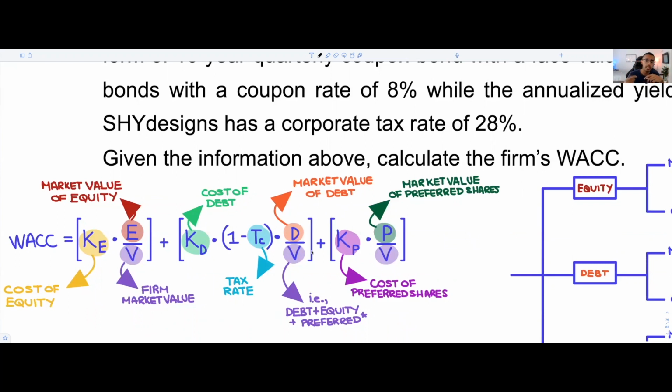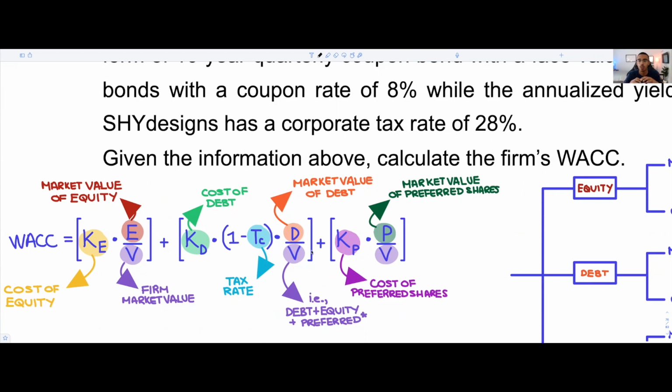And really, this extended formula only requires one additional step. And that step is quite easy, but it's important to remember. And it's important to have it on your formula sheet because we're going to look at the cost of preferred shares. In other words, what is the required rate of return attached to preferred shares?